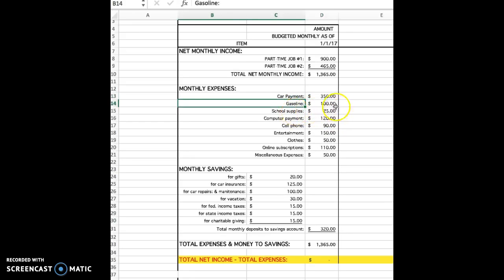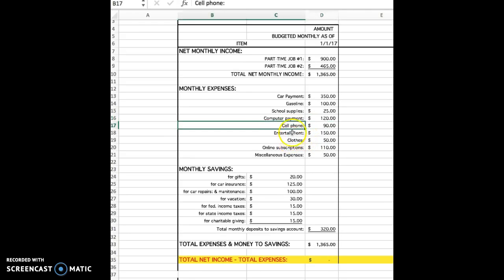Gasoline is budgeted at $100 per month, and this is always going to be somewhat of a guess. We'll see how this plays out as we go through, but right now the budget is for $100 a month allocated for gasoline. School supplies, computer payment, obviously the person owns a computer and is making payments of $120 every month.